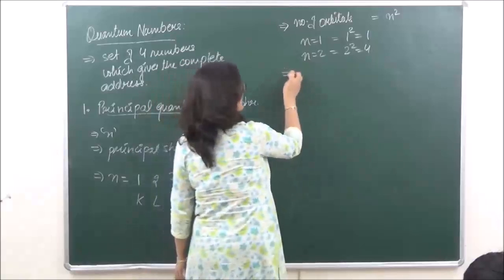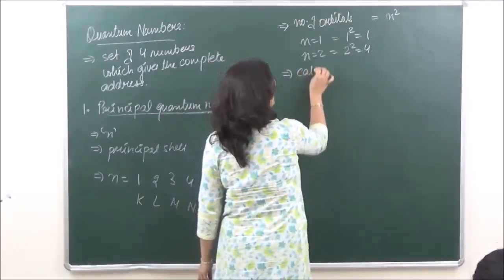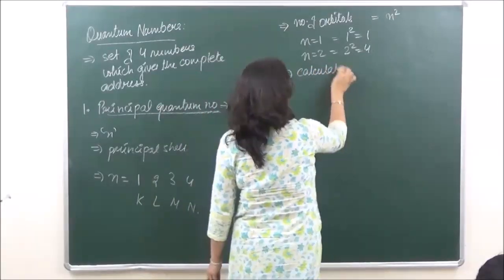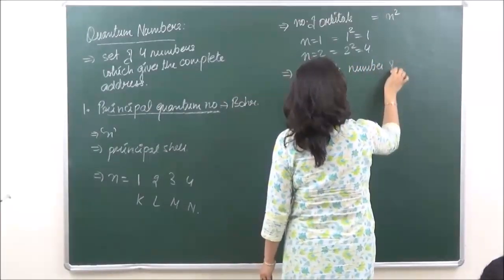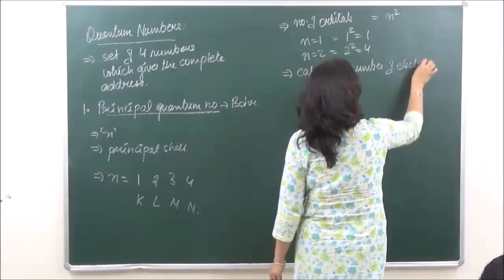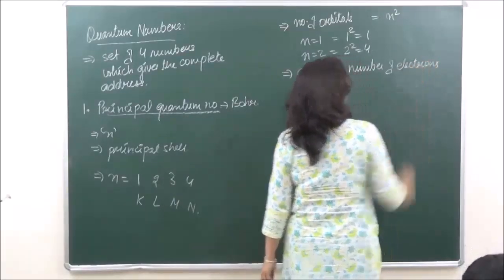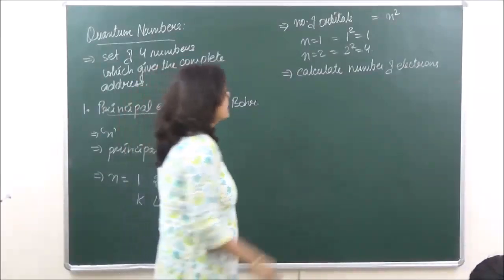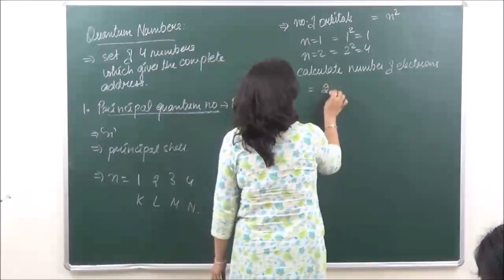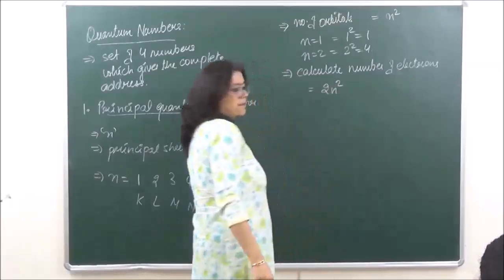Then it also helps us to calculate the number of electrons present in the main shell, and it is given by 2n square.